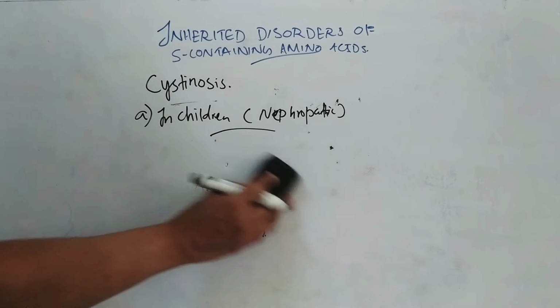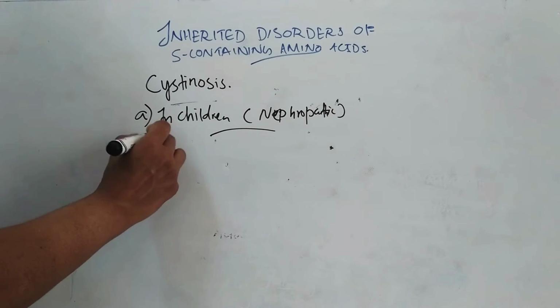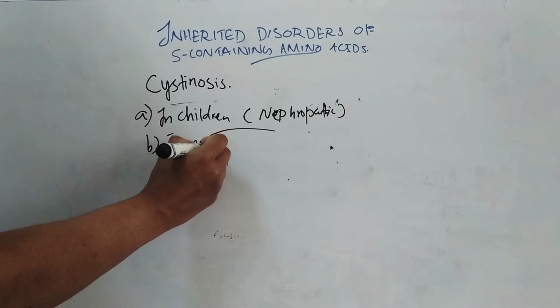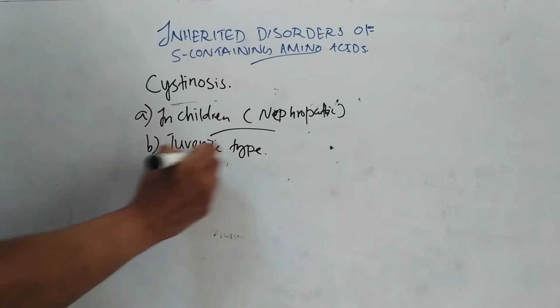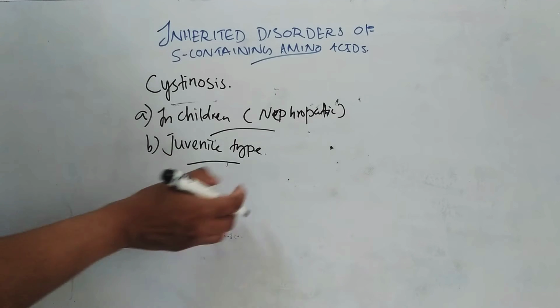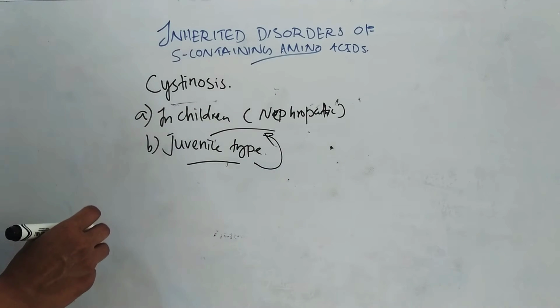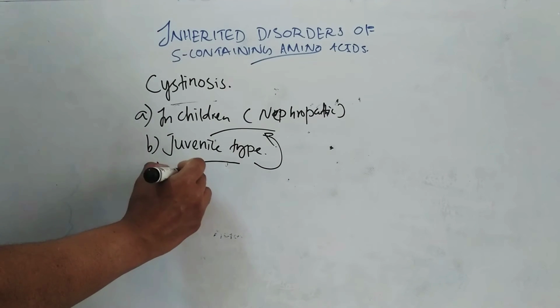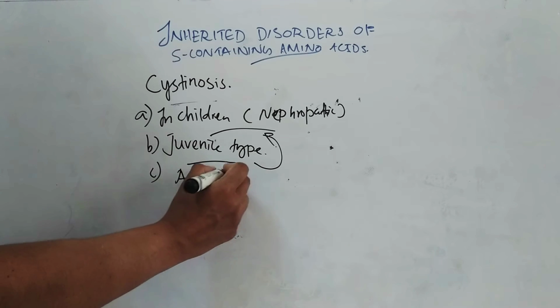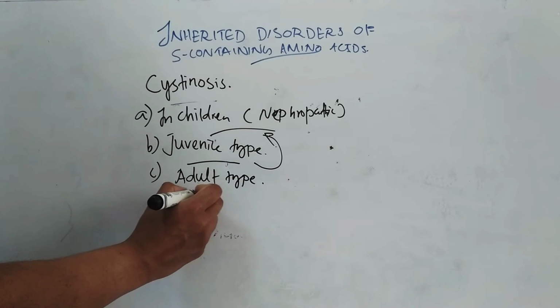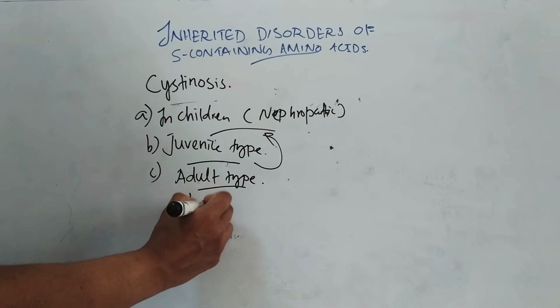Then the second type is juvenile type. Here renal features are similar to that of the first type. Then the third type is adult type. It is a benign condition.